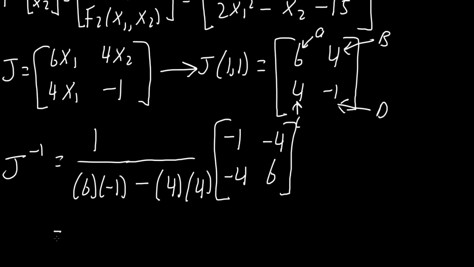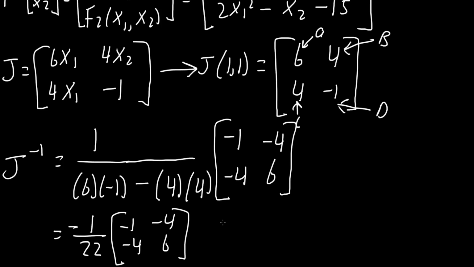And so 1 divided by this is 1 over -22 times this matrix. So -1, -4, -4, and 6. We will be using this shortly, but let me mark this because this is very important.